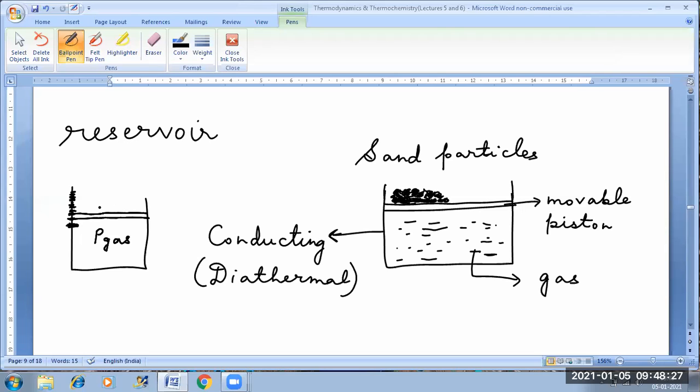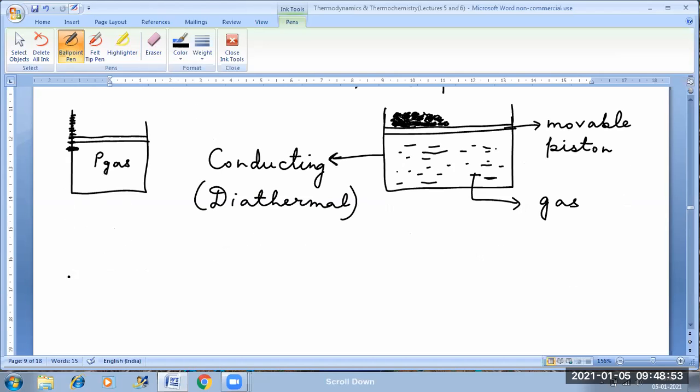again I can say that the pressure acting because of the existing sand particles is the same as the pressure of the gas. So what I'm trying to say is, at each and every point during this reversible expansion, equilibrium is maintained. At each and every point during a reversible process, equilibrium is maintained.